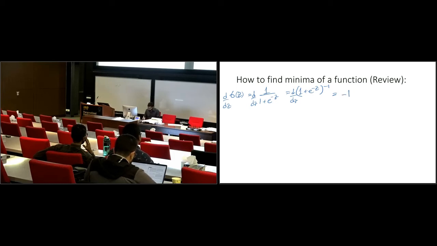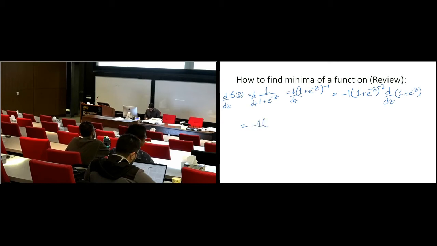This would become minus (1 plus exponent minus z) to the power minus 2, times d by dz of (1 plus exponent minus z). This is a simple application of the chain rule. The derivative of 1 with respect to z is 0.